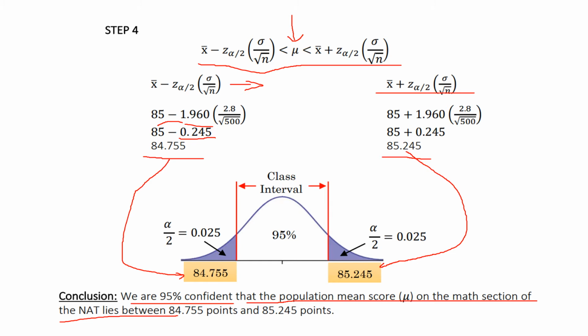So meaning to say, the scores of the 500 samples that we get from the knot will fall between 84.755 points and 85.245 points, as we compute and apply the margin of error for the lower and upper confidence level.